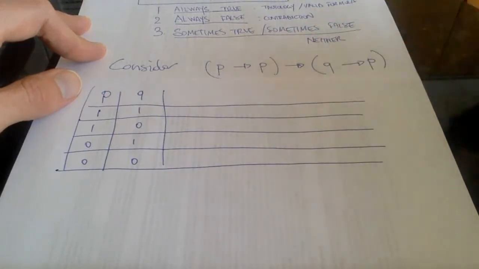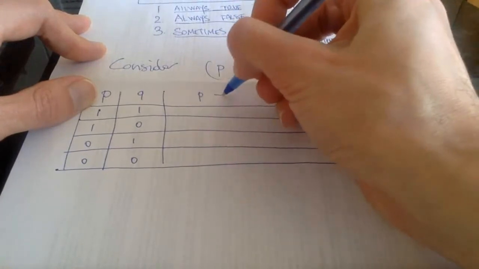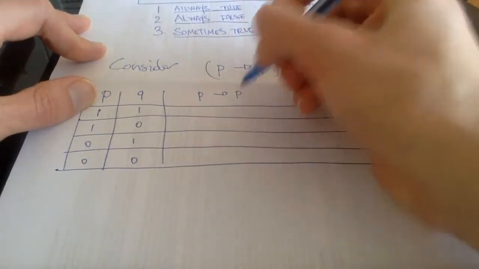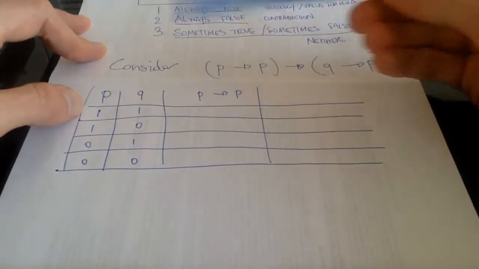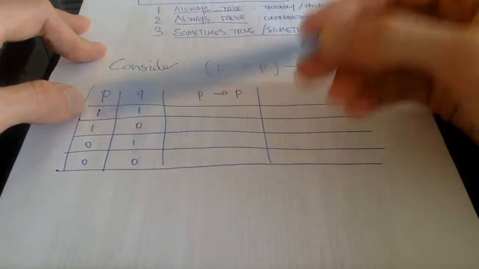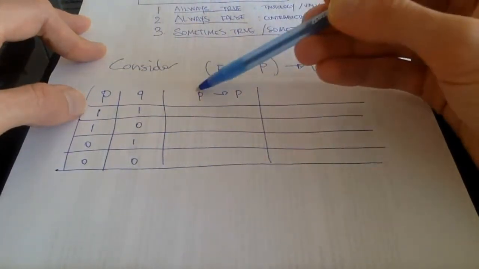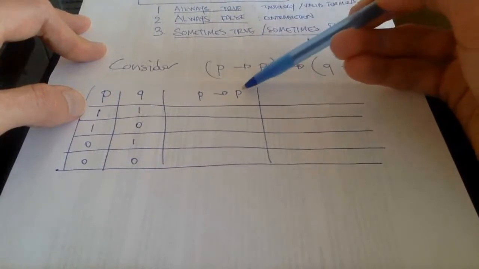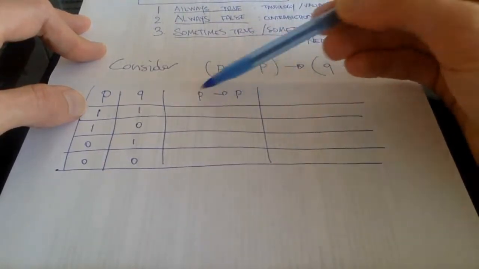Now, once we have all the combinations for the atomic formulas, let's go one step more complex. And so let's look at P implies P. Now you can see that P implies P is always going to be true, because the antecedent and the consequent, the P on the left-hand side of the arrow and the P on the right-hand side of the arrow, are always going to have the same truth value, right?